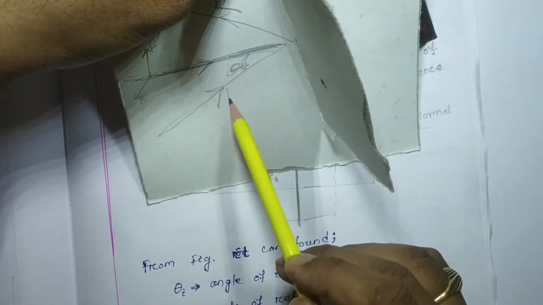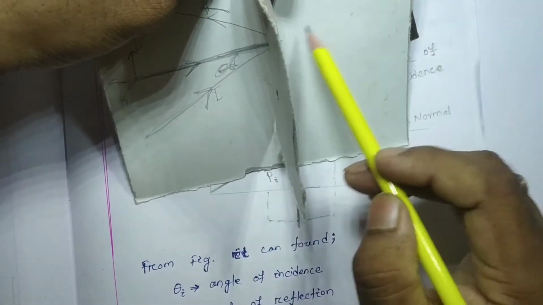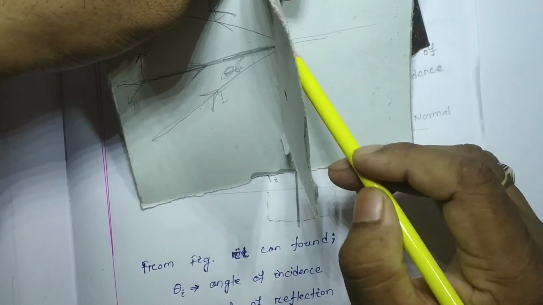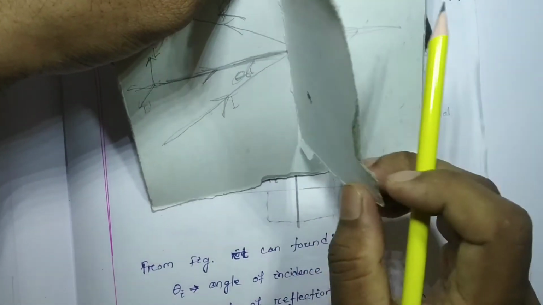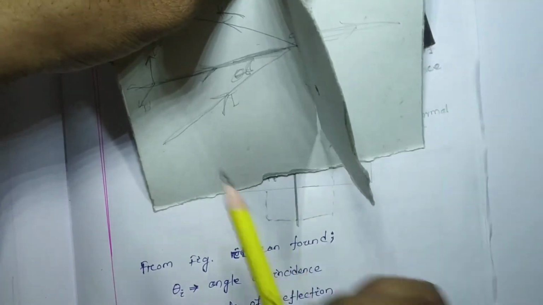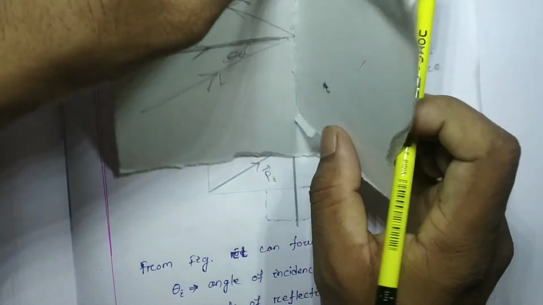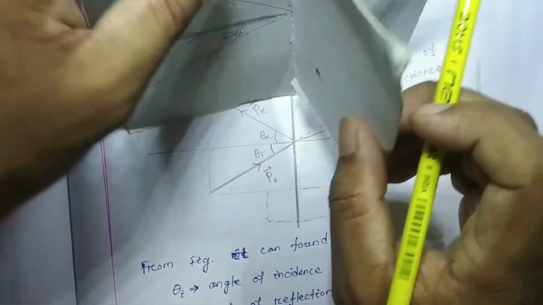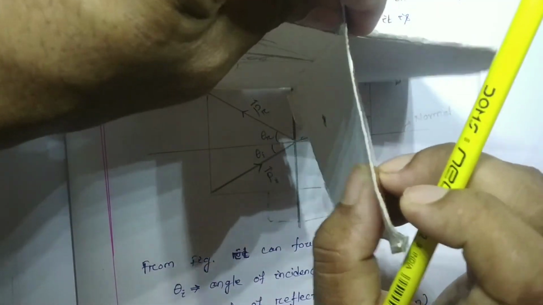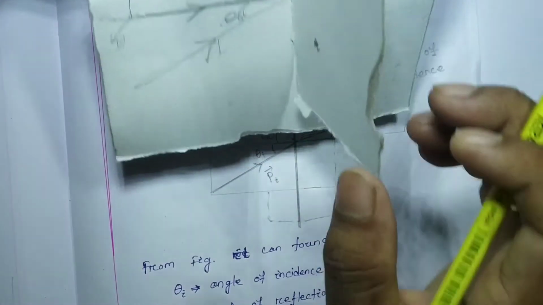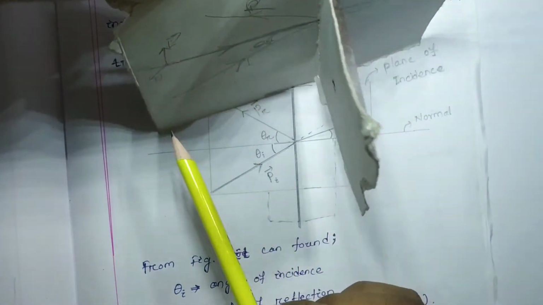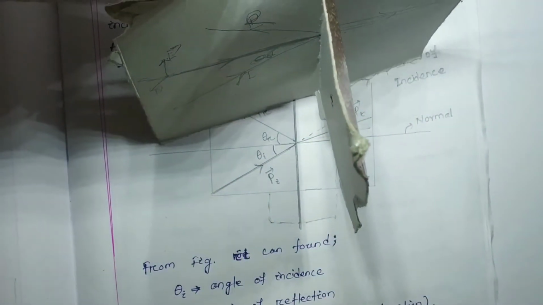On this side we get the so-called transmitted wave. I am showing it here like this, but you have to consider it like this one.